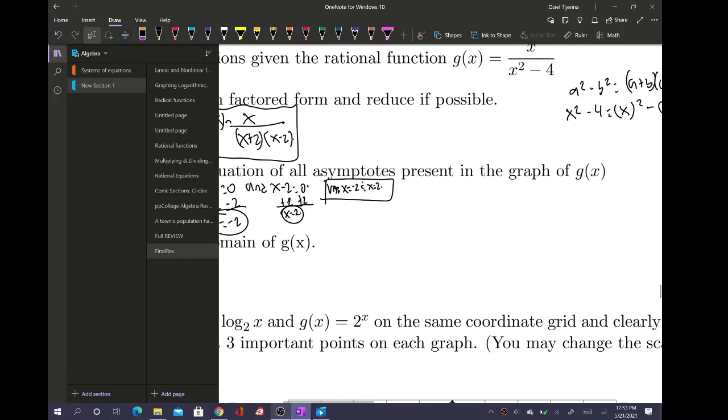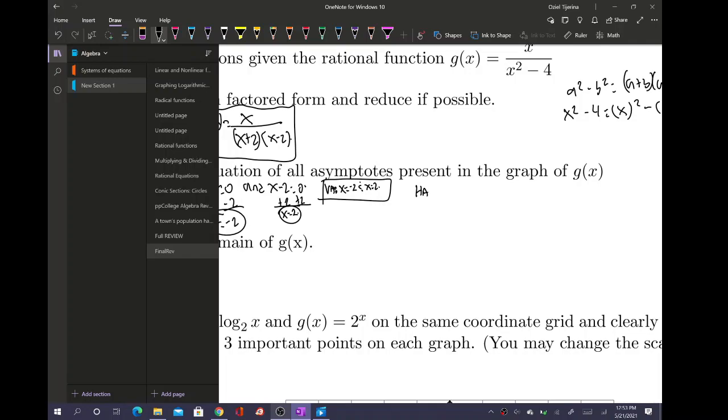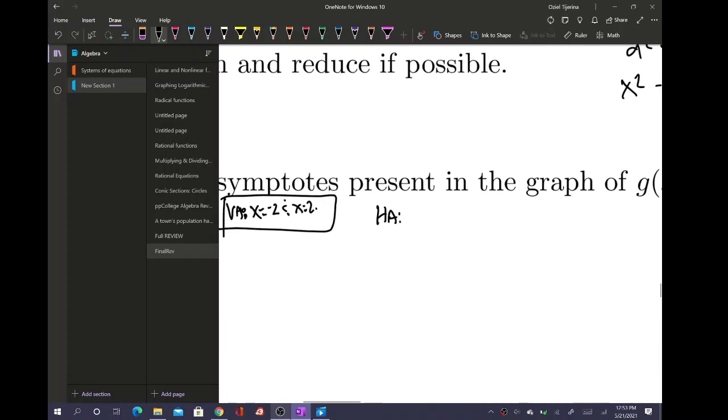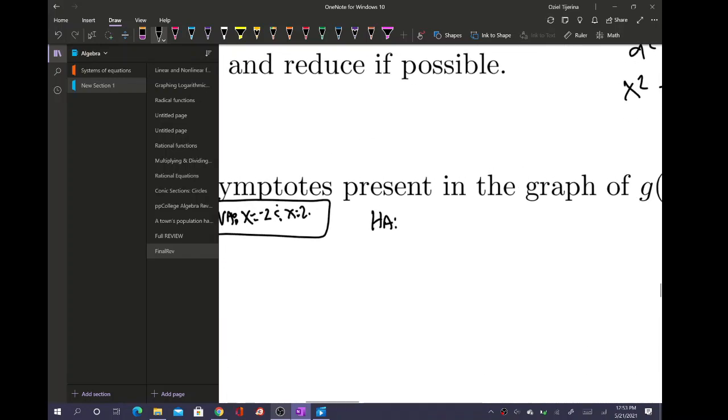And then for horizontal asymptotes, I believe there are no horizontal asymptotes for this one, unless I'm wrong. Maybe I'm wrong. I think I'm wrong, because I think it's y equals 0, if I'm correct.